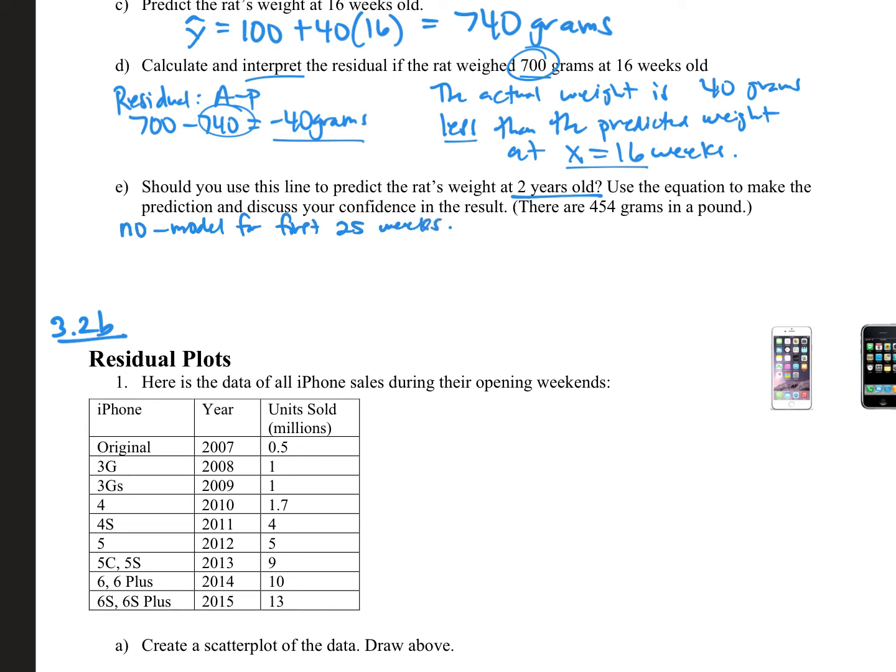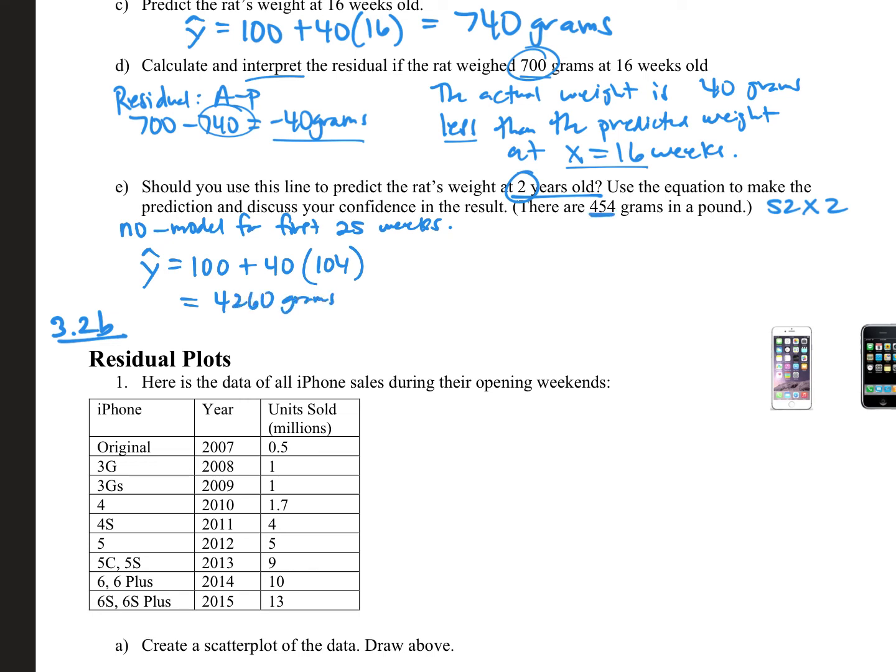Now, they want us to use the equation to make the prediction. So y hat equals 100 plus 40, and then 2 years old, that would be 52 weeks in a year times 2, which is 104. And so you get that this rat would weigh 4,260 grams.